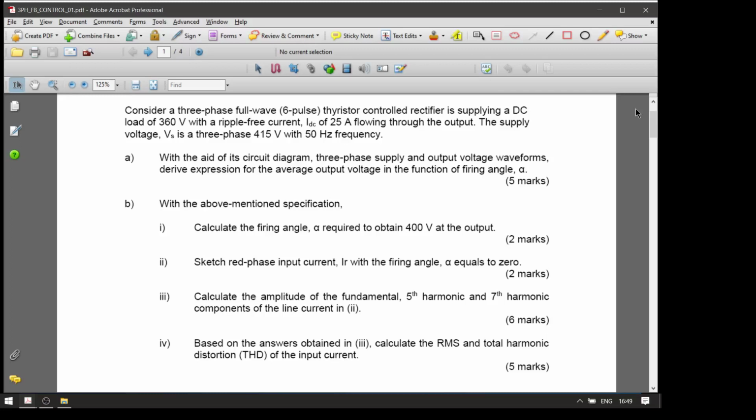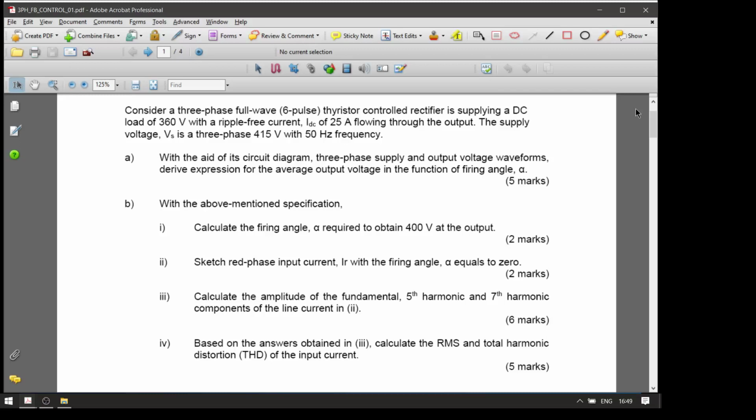The supply voltage is 3-phase 415 with 50 Hz frequency. With the aid of its circuit diagram, 3-phase supply and output voltage waveforms, derive an expression for the average output voltage as a function of firing angle.